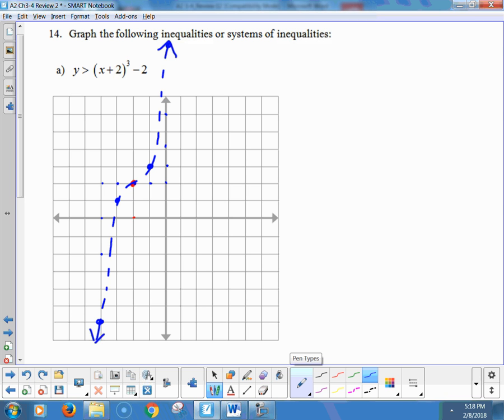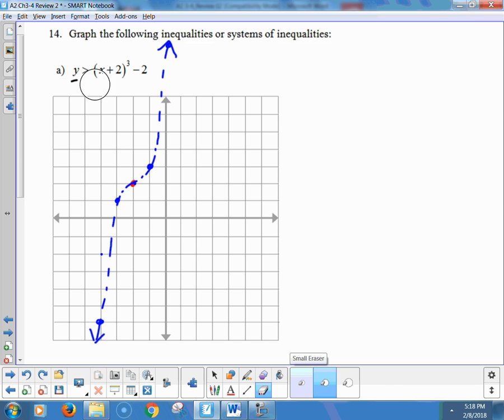It's dashing now. There we go. So I've got a dashed boundary line, which means my boundary line is not part of the solution. And it says y is supposed to be greater than this function. If you can look at the graph and understand that the shading is going to be above, good for you. If you need to test a point, I think that's a good thing to do also.